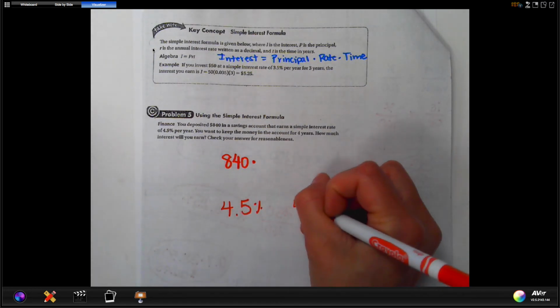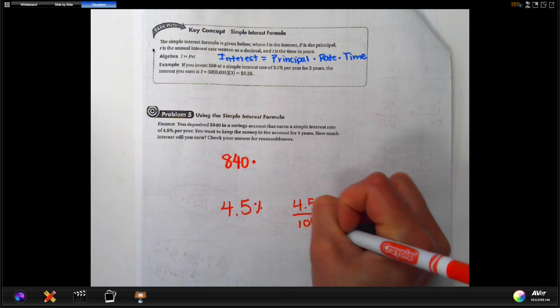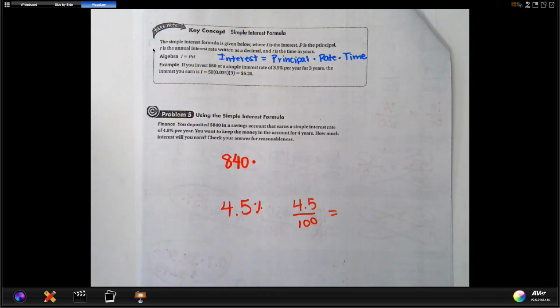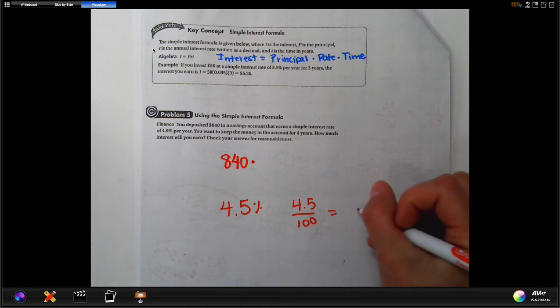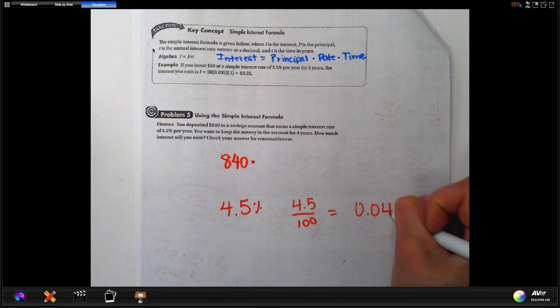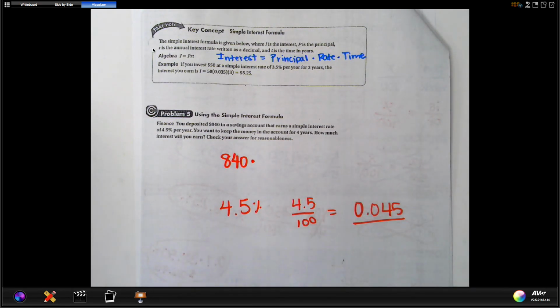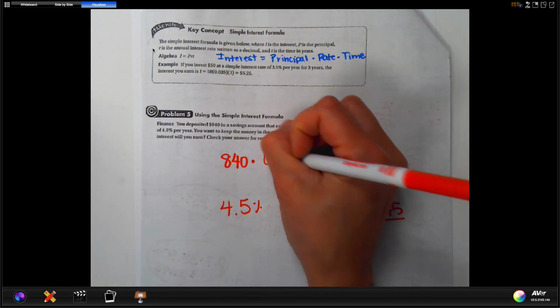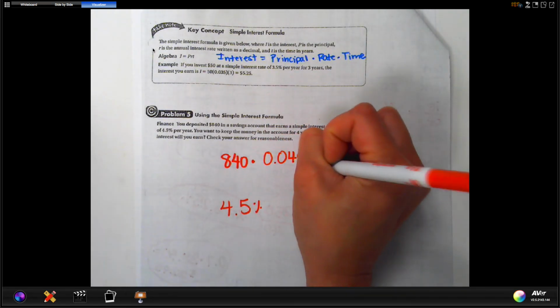So if you divide by 100, it really is the same as moving the decimal 2 places. Which direction? To the right. To the left. Oh, yeah, left. Yep. So our rate really in this case is 0.045. If you're unsure, go ahead, divide it by 100 to be sure, right? So that's our rate. And then what's our time here?